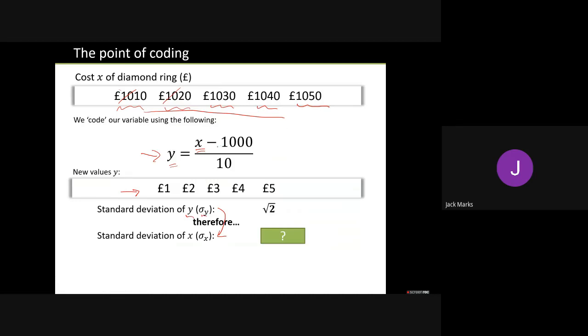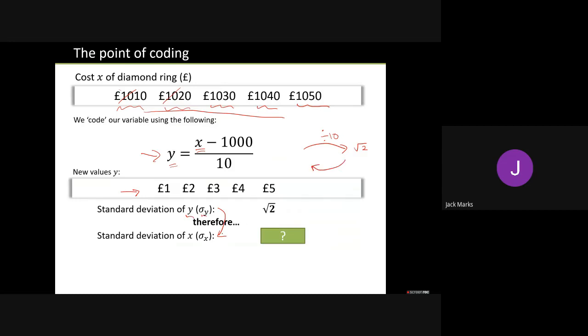The original data was subtracted by 100 and then divided by 10. If we're looking at standard deviation, which part of this calculation affected the answer? Well, actually, it was the dividing by 10, wasn't it? And we got the square root of 2 for the standard deviation.